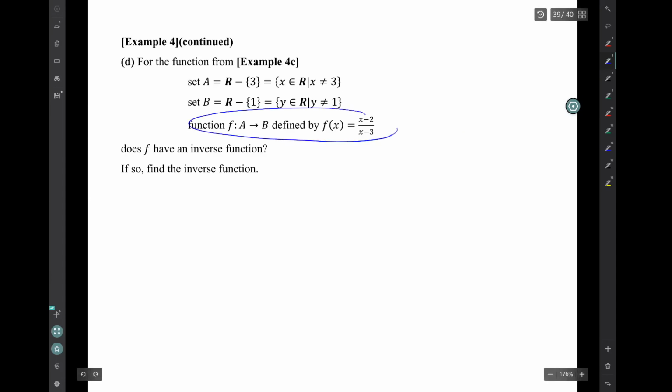What about this function? f of x equals (x minus 2) over (x minus 3), using this set A as the domain and this set B as the codomain. Well, we saw earlier that when we use those sets as the domain and codomain, f was bijective. So does f have an inverse function? Yes, because f is bijective.